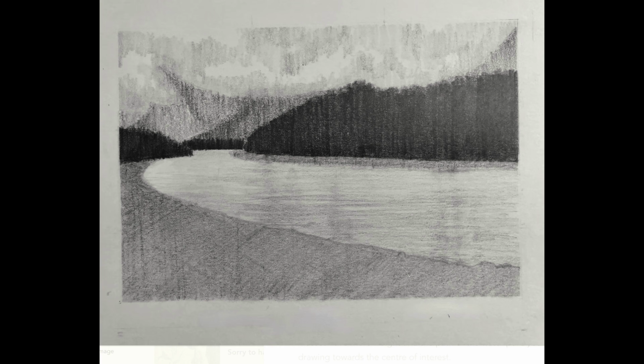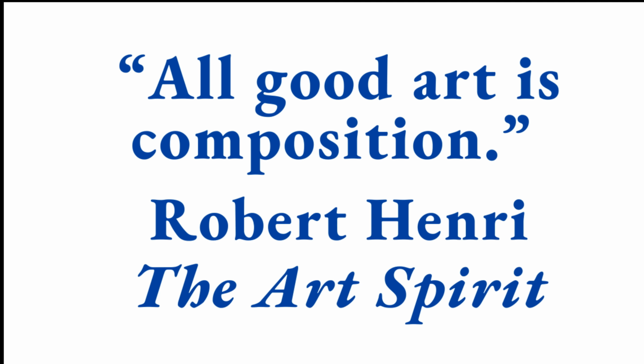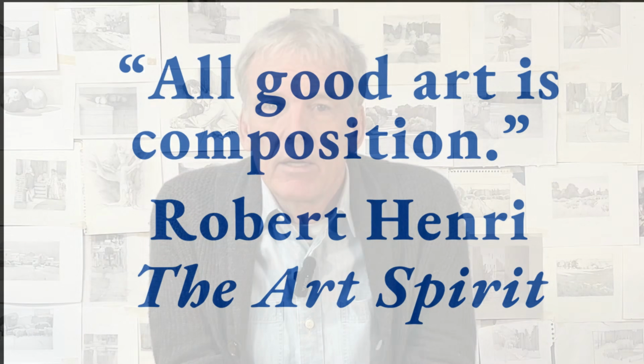But two, notice now they are seeing the whole drawing as an engaging compositional structure, meaning they are now guiding the viewer's eye through the whole drawing. They structured that idea before they began the drawing. Robert Henri, who wrote The Art Spirit, said all good art is composition.